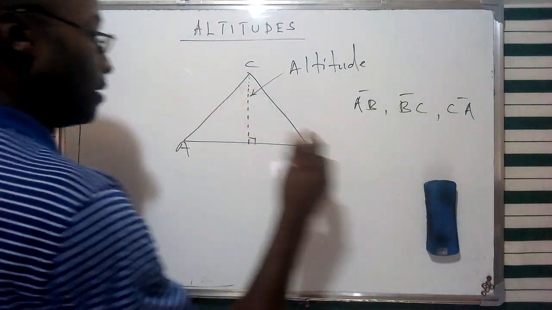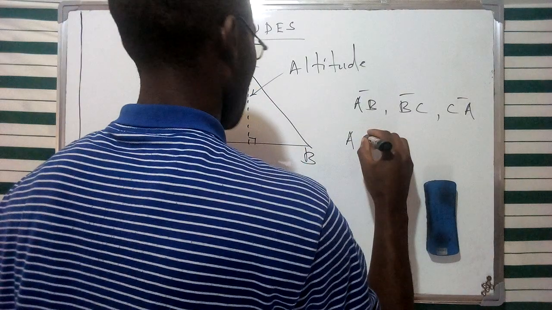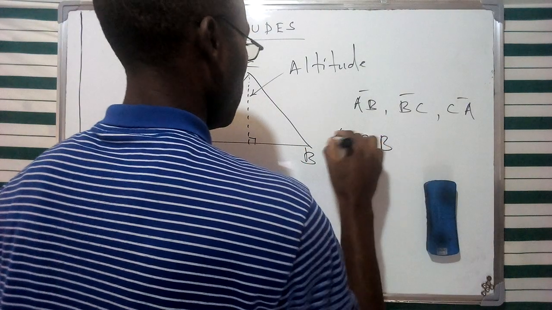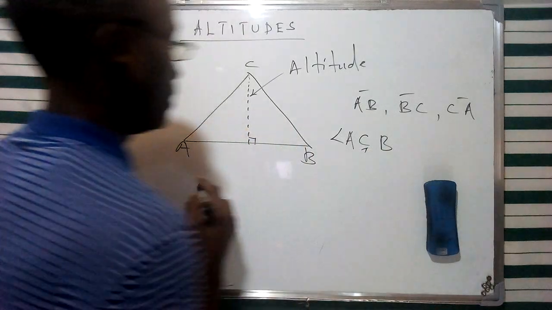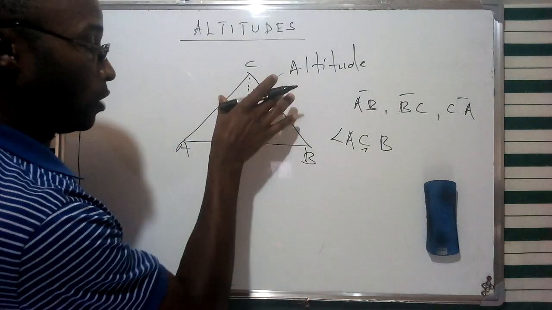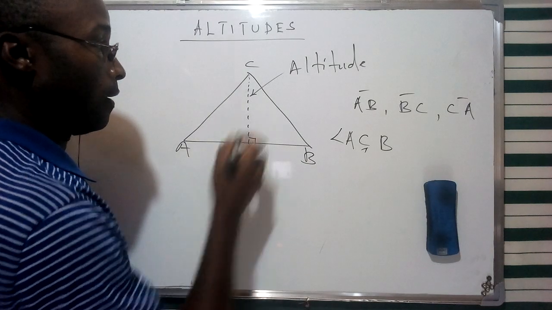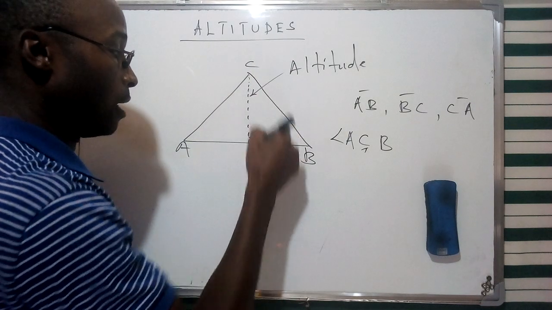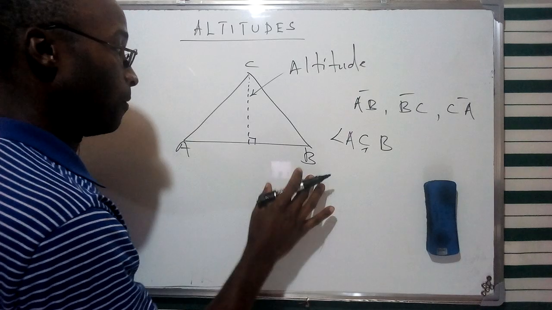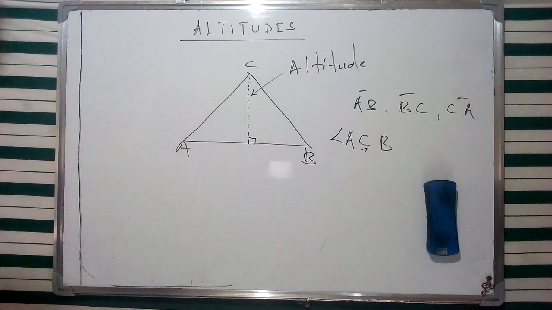In this case, I've considered angle ACB. This angle ACB is opposite to segment AB. So a line that drops and makes a perpendicular to segment AB from this angle C is going to be referred to as our altitude.